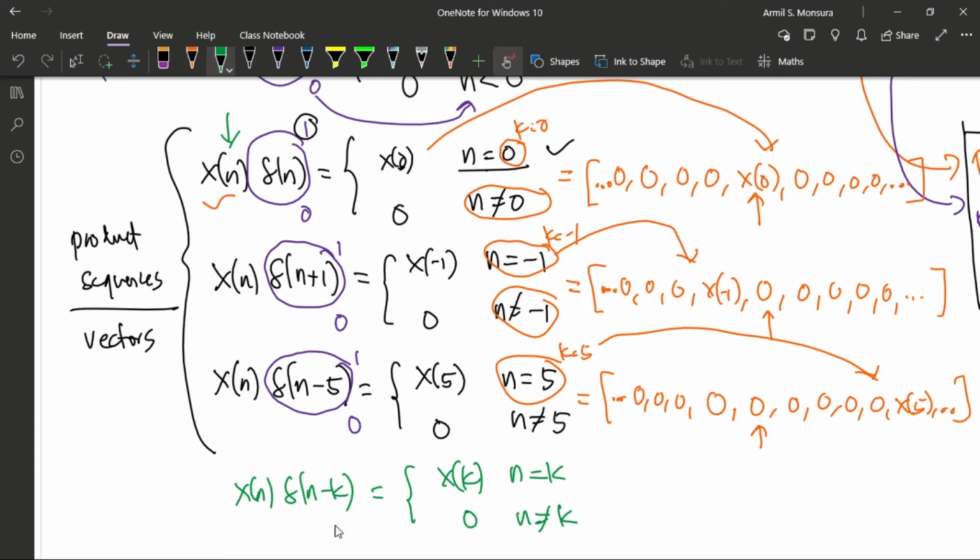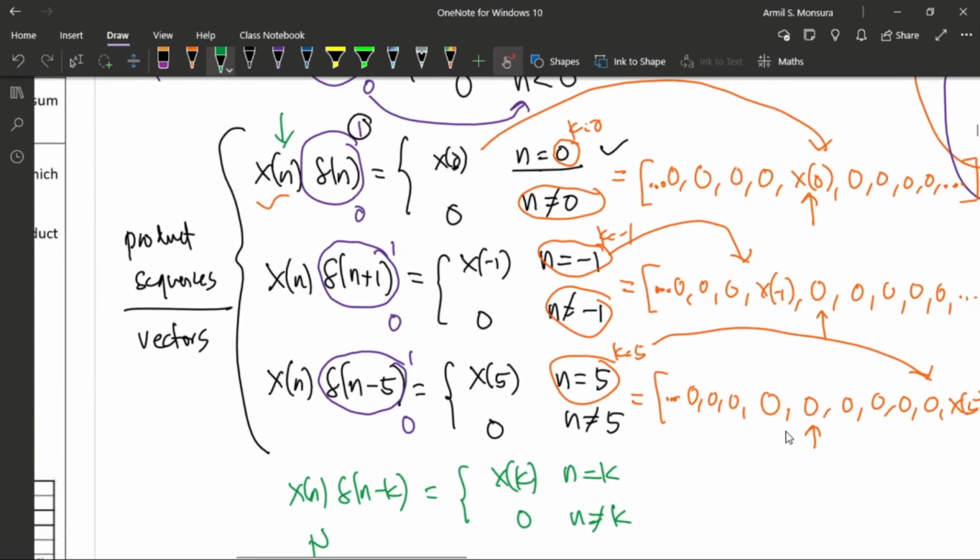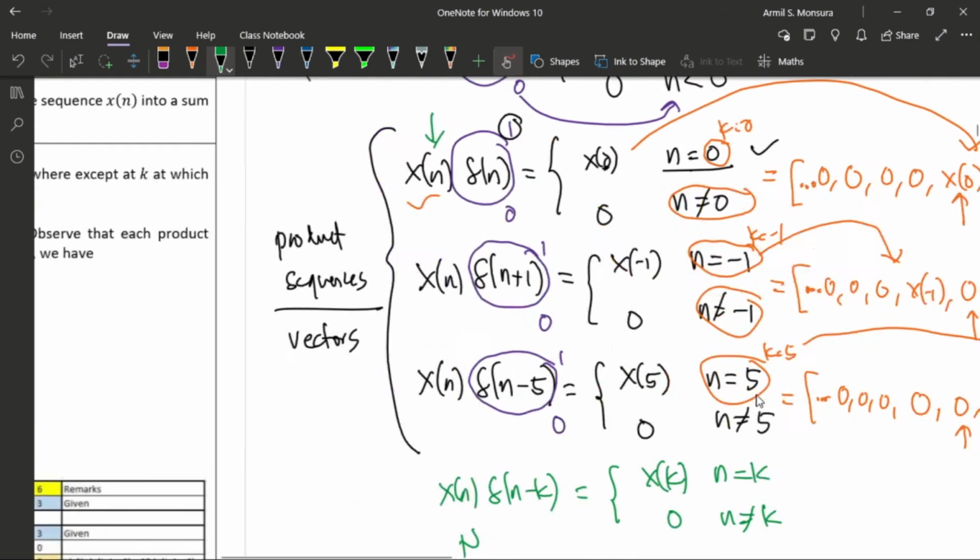Say for example, kung ang length ng x of n niyo ay n, then you would have n product sequences. And if the length of your x of n is infinite, then you will have an infinite number of product sequences. That's how we decompose your x of n into its component sample values.